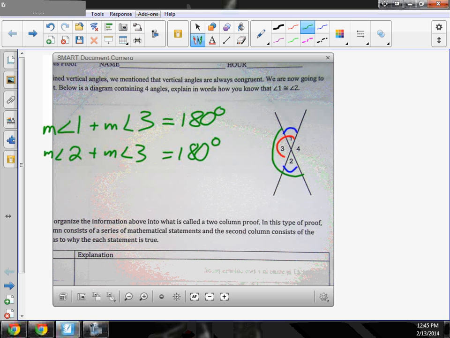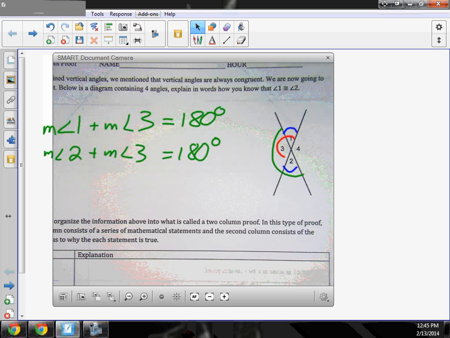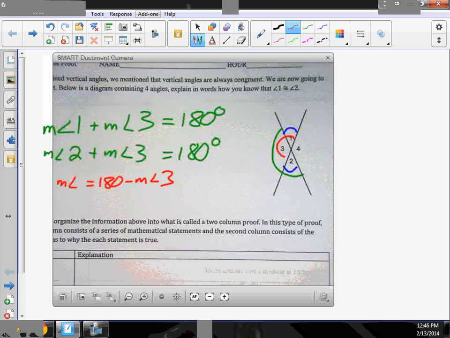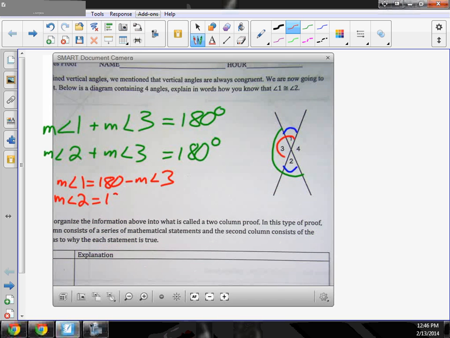Well, one way to do it would be to subtract the measure of angle 3 from both of them. So the measure of angle 1 equals 180 minus the measure of angle 3. And on the second one, the measure of angle 2 equals 180 minus the measure of angle 3.